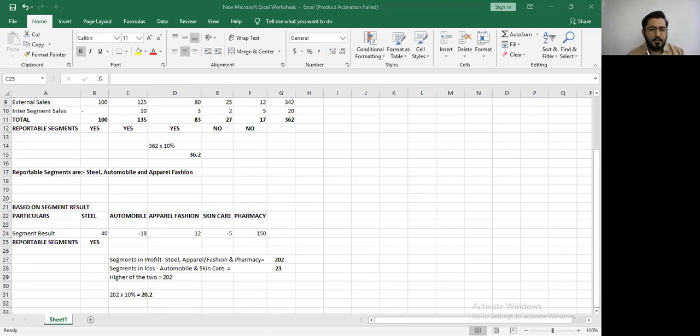What about automobile? Of course, automobile does not require separate disclosures because your 10% criteria is 20.2. However, automobile has a loss of just 18. So since it does not fulfill the 10% criteria, separate disclosures are not required.